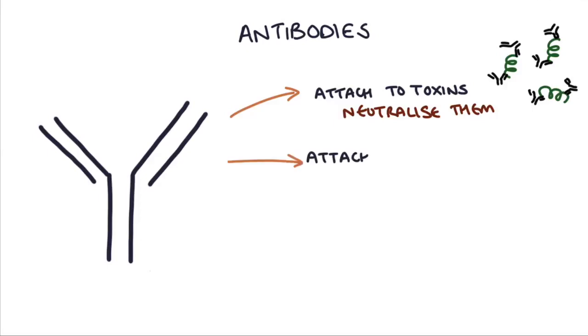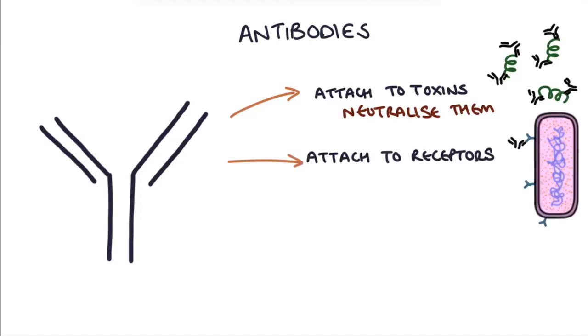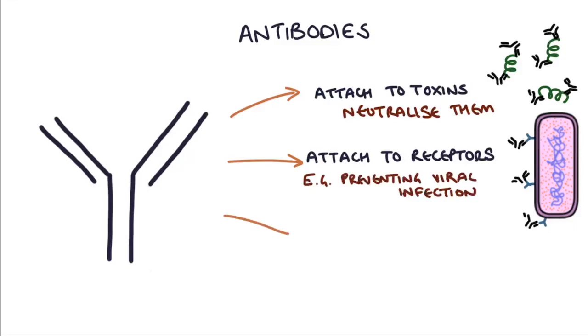Secondly, antibodies can attach themselves to the receptors of viruses and bacteria and prevent them from carrying out their function. For example, it can stop viruses from being able to recognize cells that it may want to invade, and therefore prevent the viral invasion of that cell. Thirdly, antibodies can attach themselves to pathogens, then clump together to slow the spread of that pathogen down.